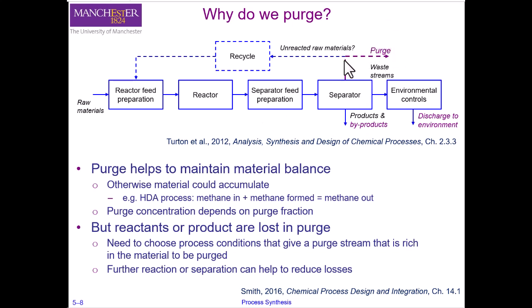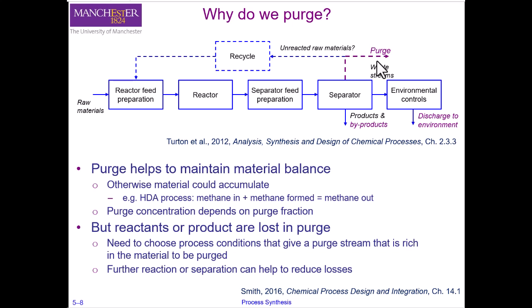So we remove a certain part of your recycle stream, and as such, we take that impurity or byproduct out of the system. So the purge provides an exit point for these species. And normally the purge is just a simple fraction of the recycle stream. And the choice of purge fraction is an important one, and it's a degree of freedom in process design.